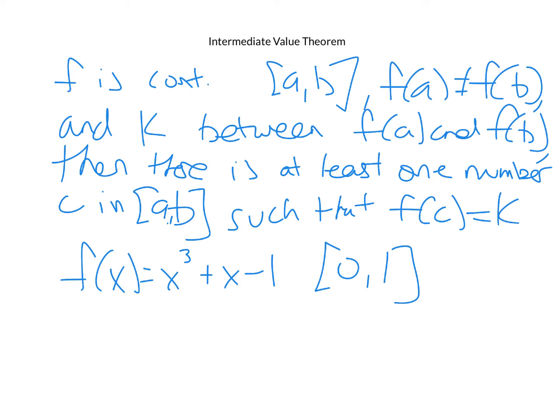If we find f of 0, it's going to be negative 1. And if I find f of 1, it will be equal to 1. So what does that tell us? Since 0 is in between negative 1 and 1, it must mean there is some number between 0 and 1 that gets us an output of 0.